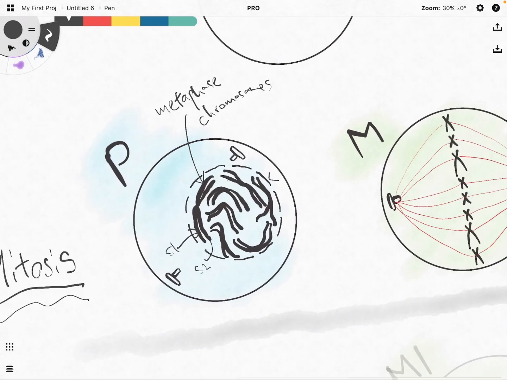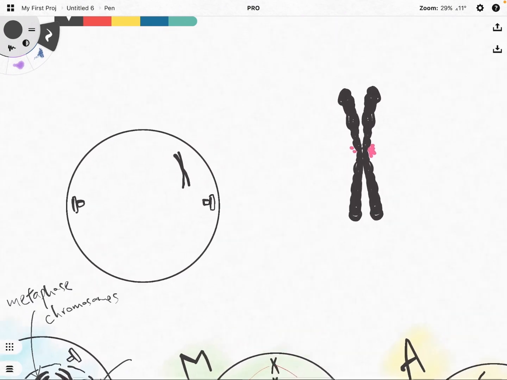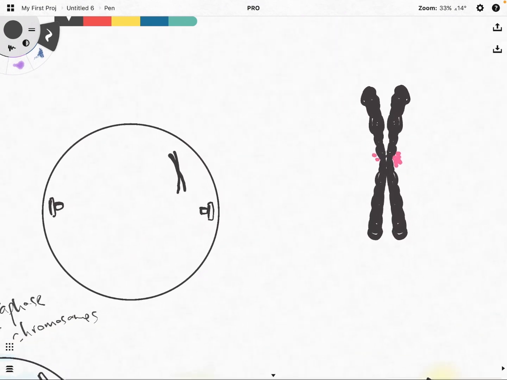We also find that in prophase, the nuclear envelope begins to disintegrate. And we start to see the beginnings of mitotic spindle extending out from these centrosomes. And some of these mitotic spindles, as they extend out, they will start to attach to the centromere regions of chromosomes. So now let's zoom in and have a look.